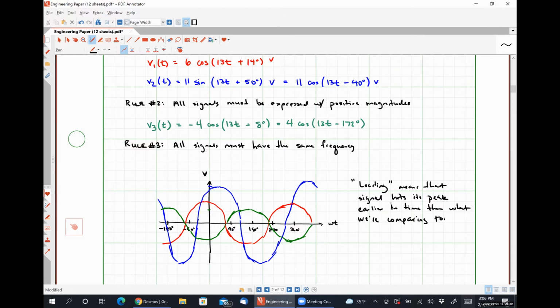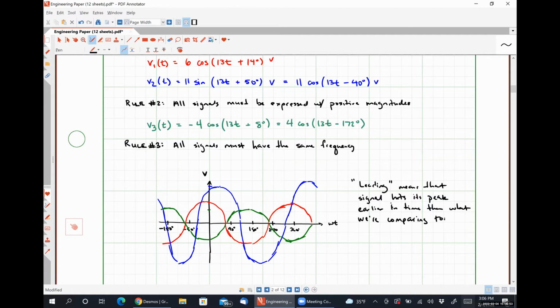So what I mean by that is if we're looking at the positive peaks of the red curve and the positive peaks of the blue curve, we can say that the red curve leads the blue curve because it hits its peak earlier in time.